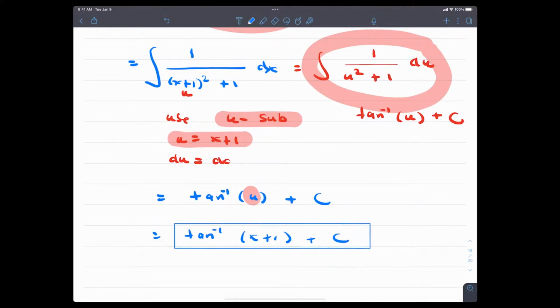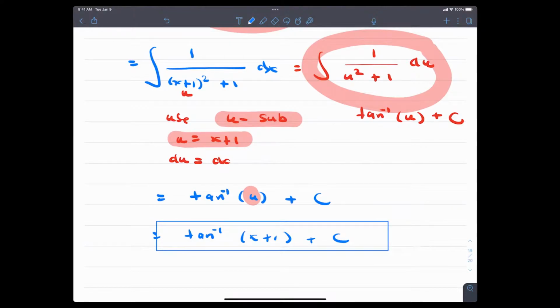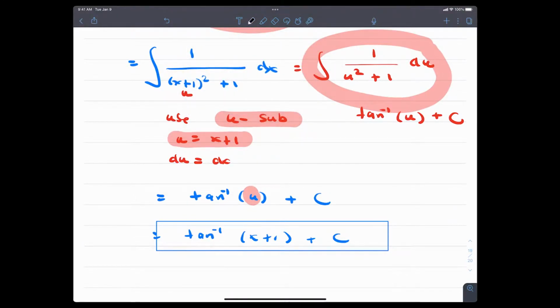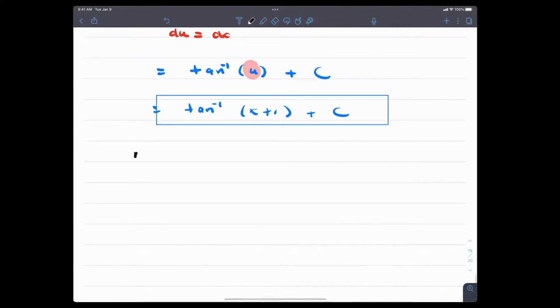So, okay, we got a pretty good situation here. Now, the reason they give you this one, I'm going to give you a note here, because what if you had the square root of that?